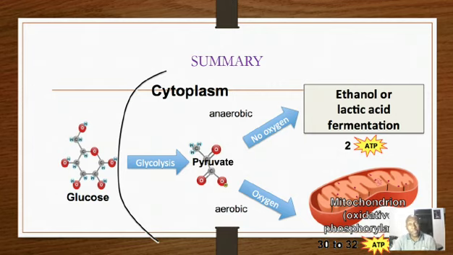Now, when we get a question asking us to describe the formation of ATP or the formation of energy from a glucose molecule, or describe the process of respiration in presence of oxygen, how do we answer that question? Describe glycolysis in detail, just like we did. Describe Krebs cycle in detail, just like we have done.